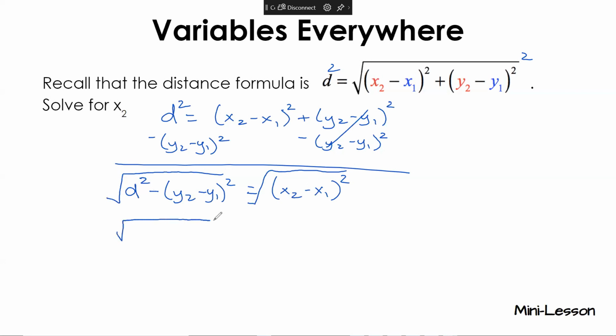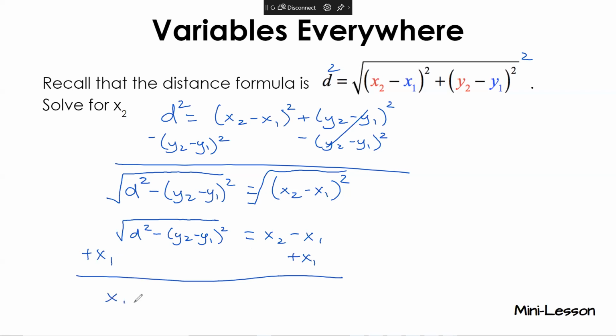So we're going to get the square root of b squared minus y sub 2 minus y sub 1 squared equals x sub 2 minus x sub 1. Now, how do we get x sub 2 by itself? We're going to add x sub 1 to the other side. And, ladies and gentlemen, that is the end of this craziness.